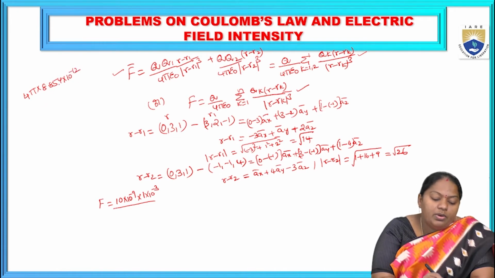Now 4 pi into 8.854 into 10 power minus 12, or instead of writing epsilon naught by this 8.854 into 10 power minus 12, we write it as 36 by pi.